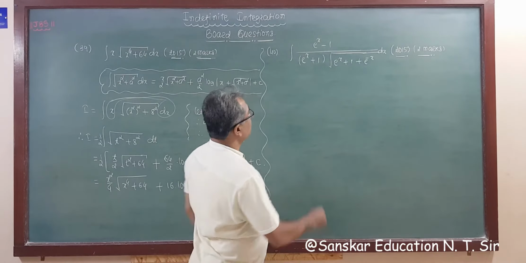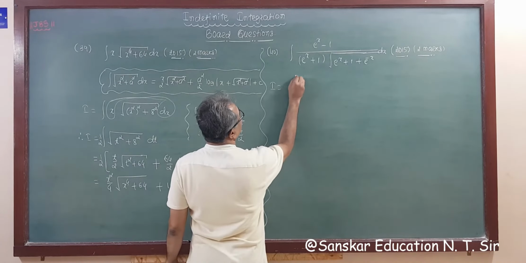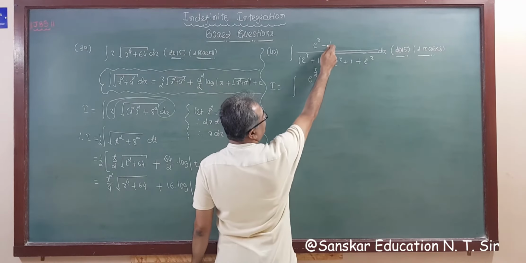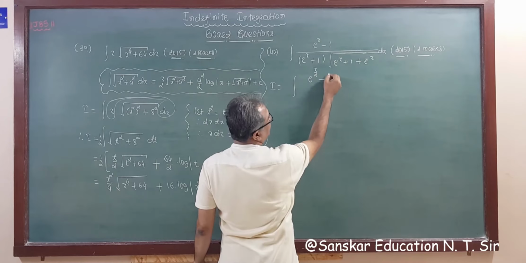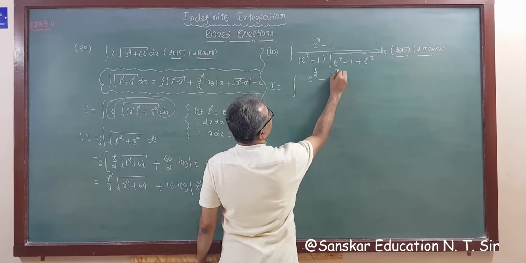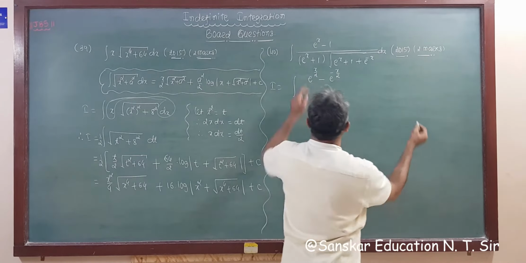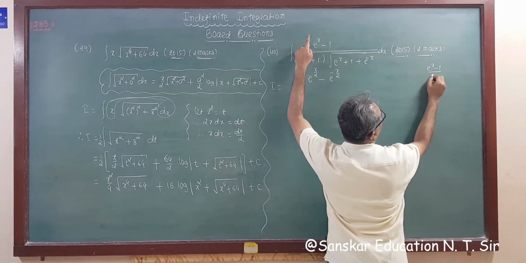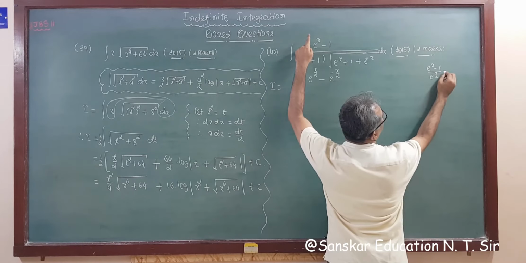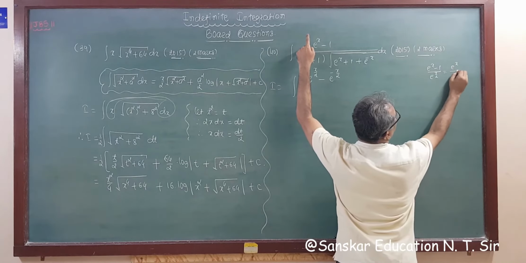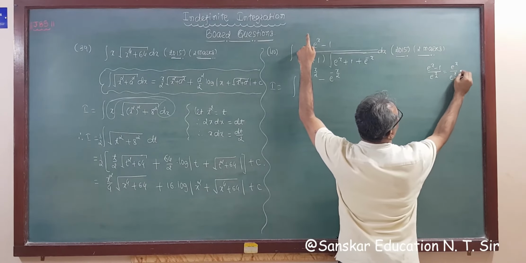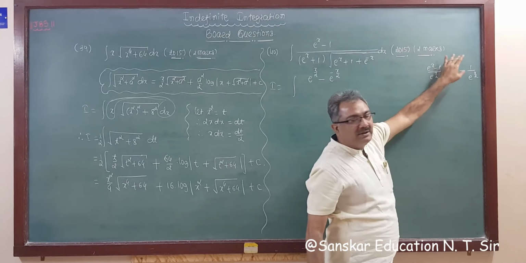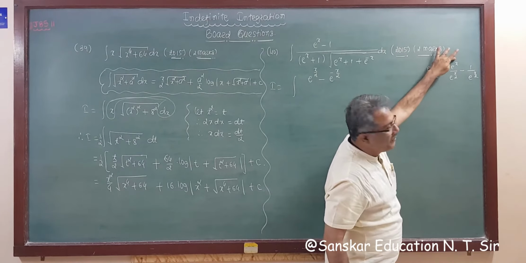So both are cancelled. So I will have integration of e raised to x by 2 minus, there is no x by 2, so we have to write 1 upon, that means e raised to minus x by 2, right? See what we did: e raised to x minus 1 divided by e raised to x by 2, that is e raised to x upon e raised to x by 2 and minus 1 upon e raised to x by 2. So the base is the same, we subtract the powers.